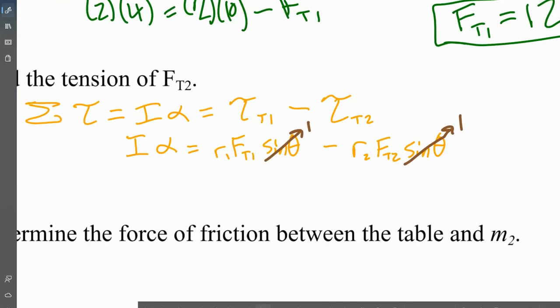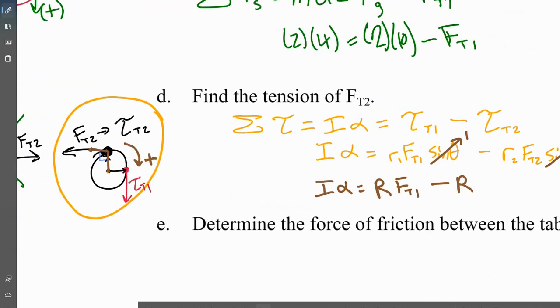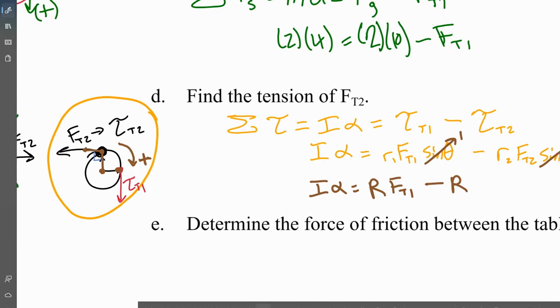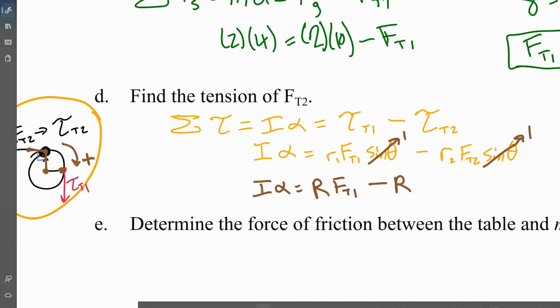So what this truly means is now we have I alpha equals the radius of the wheel times force of tension 1 minus the radius of the wheel again, right? That's the distance between the center and where it makes contact. For both of them, it's just the radius of the wheel. And then force of tension 2. We got rid of all the sine thetas.